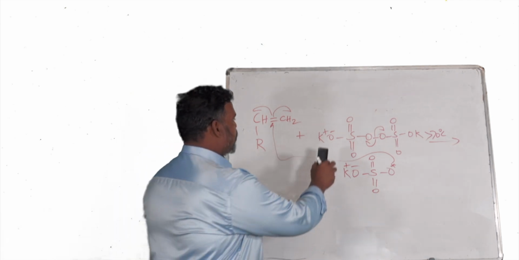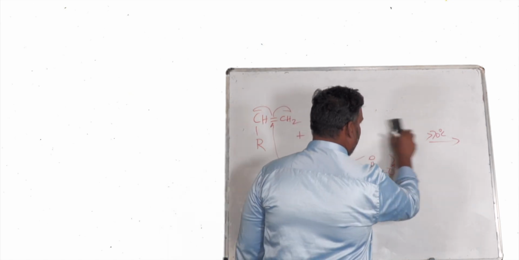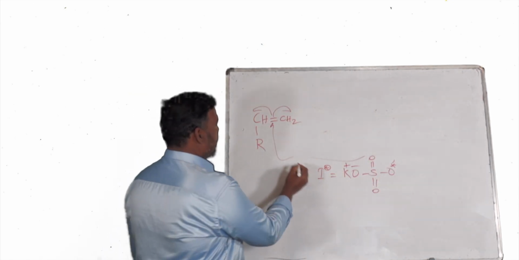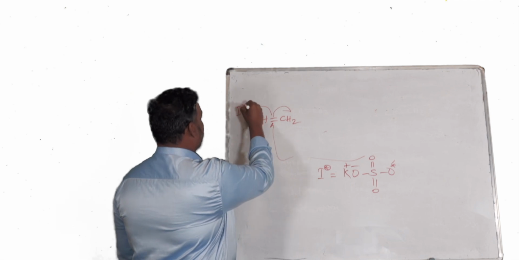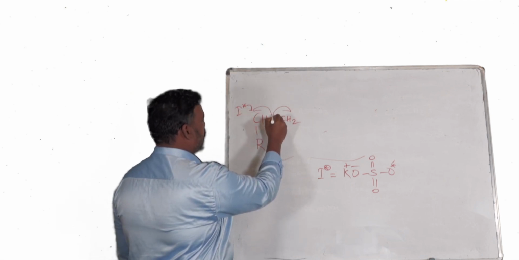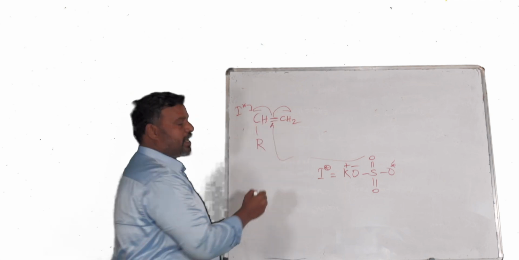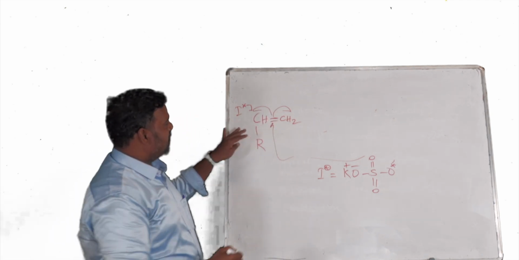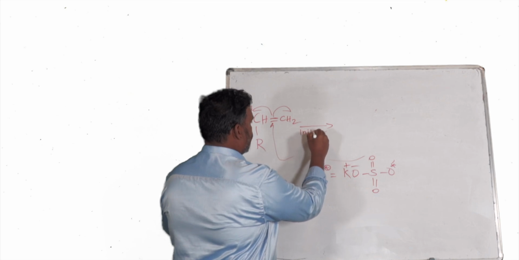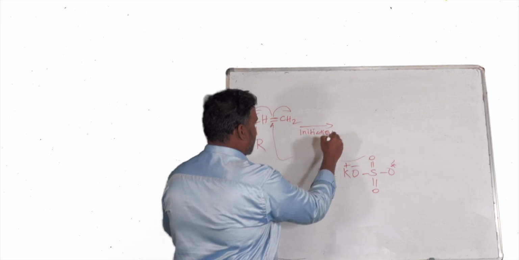Once the initiator has formed, the initiator attacks the monomer to form a polymer. Here the initiator attacks this group, and this double bond is broken. It undergoes homolytic cleavage, and this step is what we call the initiation step.